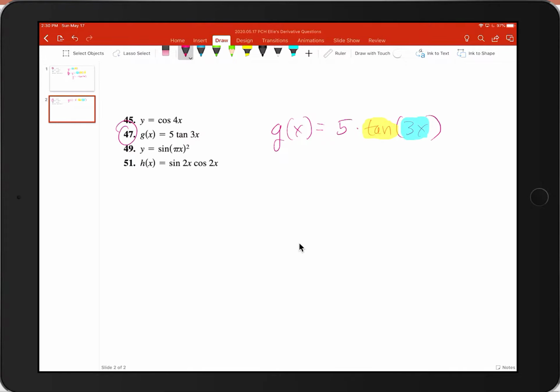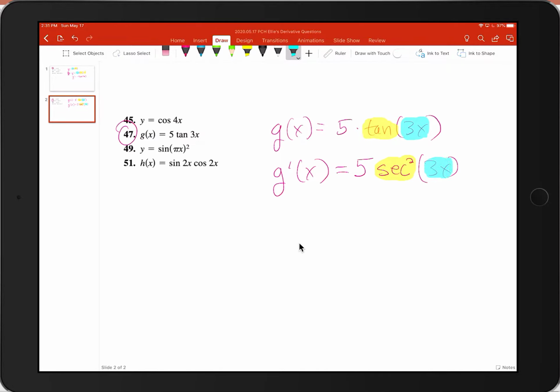Now in taking the derivative, which since they gave us function notation, I'll be consistent and call g prime. Whenever we take any derivative, coefficients come along for the ride. The derivative of tangent, we said, was secant squared. So that's me doing something, deriving the outside function. The inside function never changes.